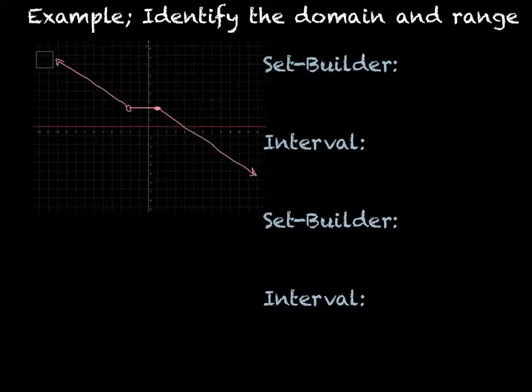This next one looks a little bit more difficult because we see an open circle and a closed circle and different things going on. So let's start with our domain. The set in set builder notation, the set of all x's such that, okay, so what is happening?